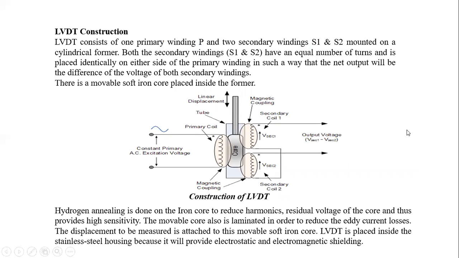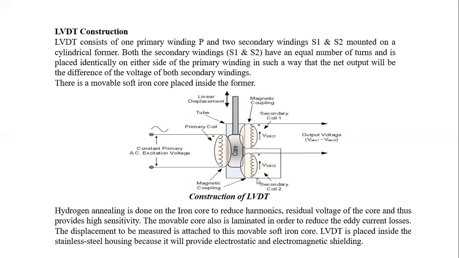The construction of LVDT consists of one primary winding P and two secondary windings S1 and S2 mounted on a cylindrical former. Both secondary windings S1 and S2 have an equal number of turns.